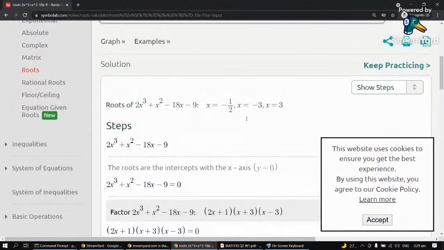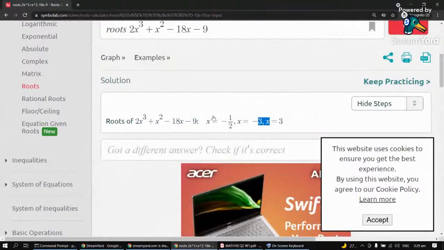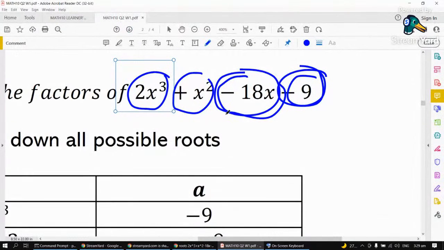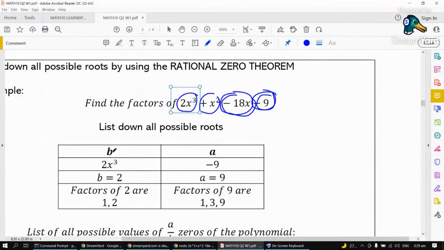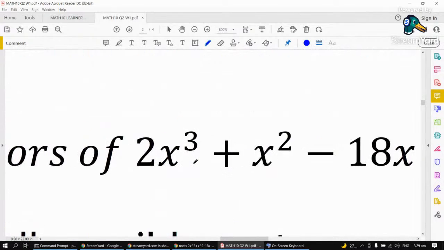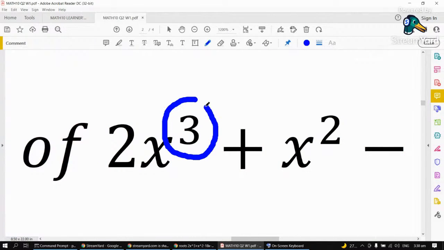So dito, makikita natin lahat ng possible roots. So meron tayong tatlo kasi ang degree is 3. Ang pinakamalaking exponent is 3.